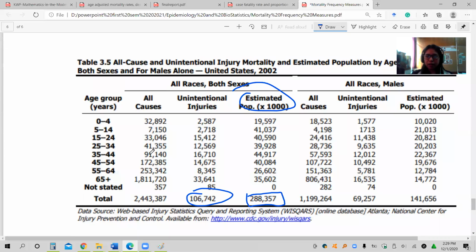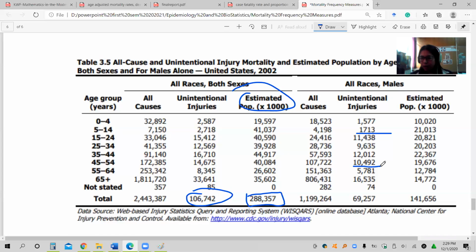So we have in our table the age groups: 25 to 34, 35 to 44, 45 to 54, 55 to 64, and others. So for unintentional injuries for males, for example, if you will compute for that, then you have to consider 1,713 if it is 5 to 14 years old. Or if it is 45 to 54, then you have to look at the table for the value of this.